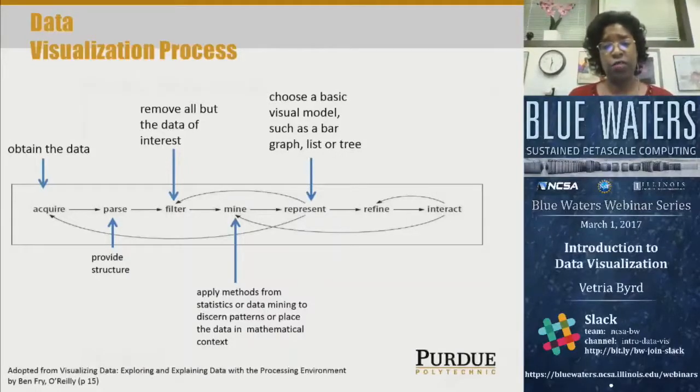So let's say you represented your data, you've done what I like to call a quick and dirty view of the data just to see what you have and what you're working with. One of the beauties of data visualization is not only helping people to visualize what they expect, but also helping them to see something in the data that they did not expect.